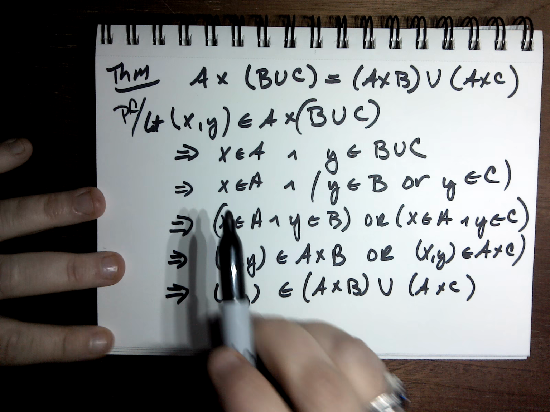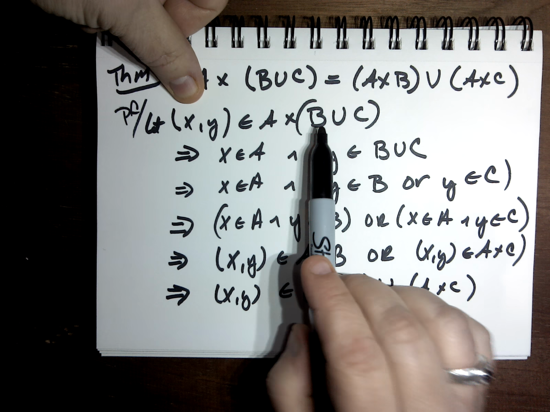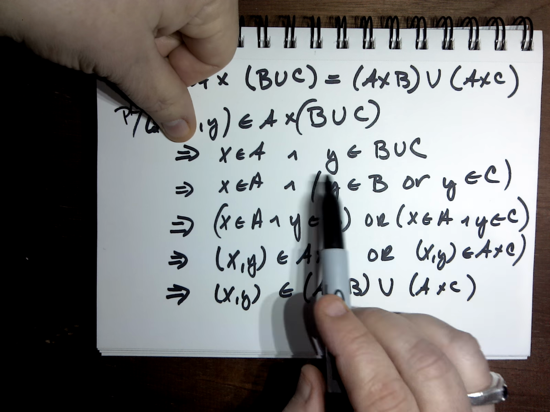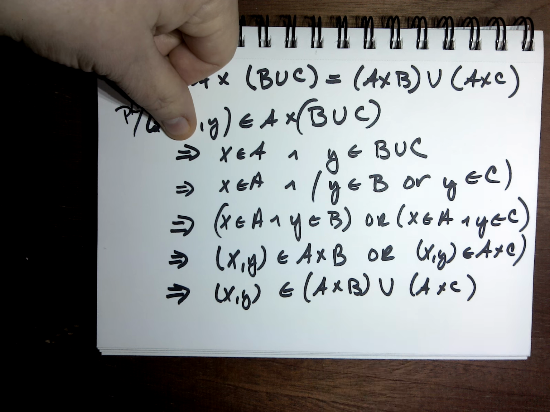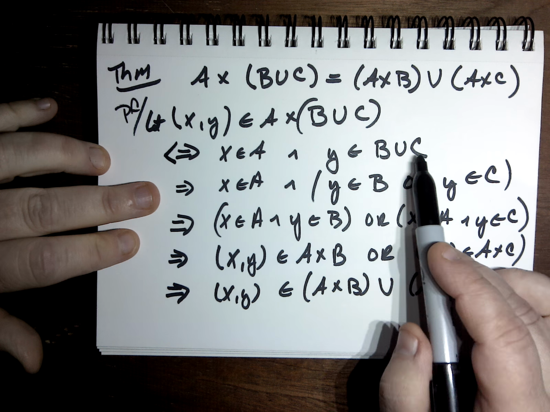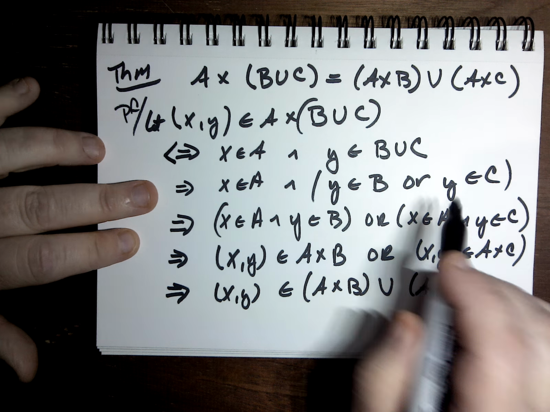Now let's think about this though. (x, y), an element of A cross (B union C), by definition means x is in A and y is in B union C. And when you have a definition, that means if and only if. So I can make that an if and only if. To say y is in B union C implies y is in B or y is in C. That's also by definition.